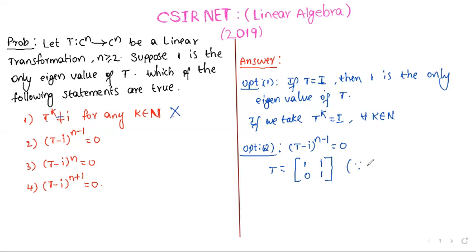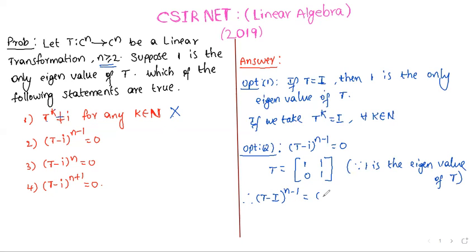Since 1 is the eigenvalue of T, consider (T minus I)^(n minus 1). Suppose n is greater than or equal to 2, so we can take n equal to 2.